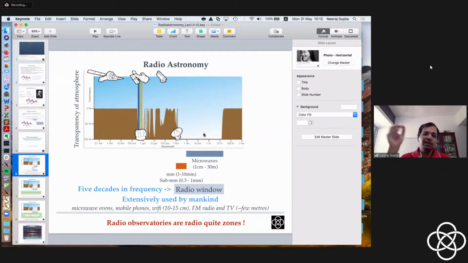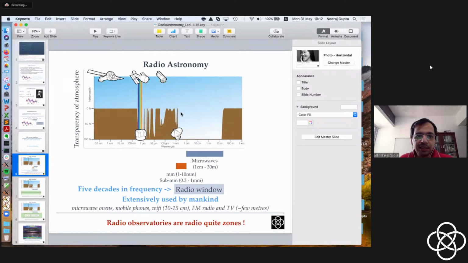So that when you detect a signal from the sky, you are sure that it is actually coming from an astrophysical object and not just some terrestrial noise that you are picking up. And that's probably the biggest challenge that radio astronomy is facing currently.